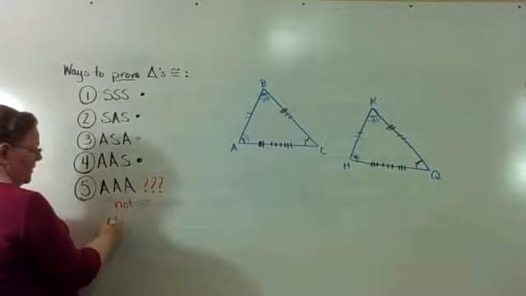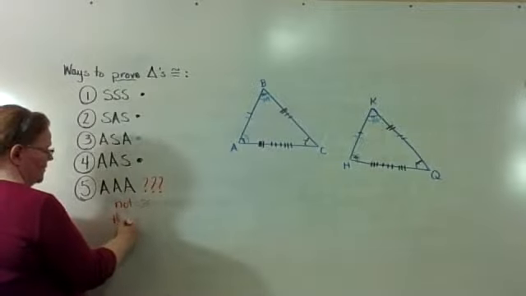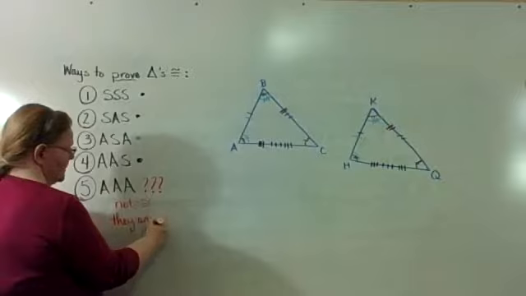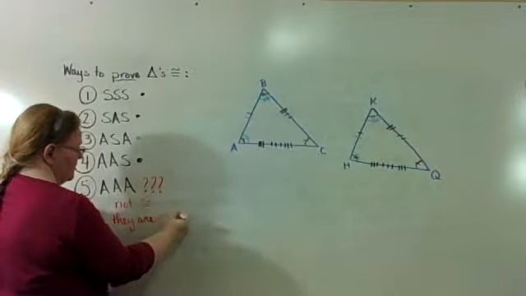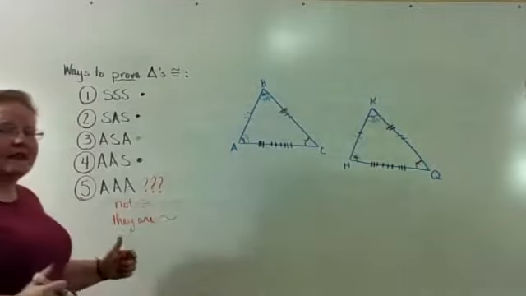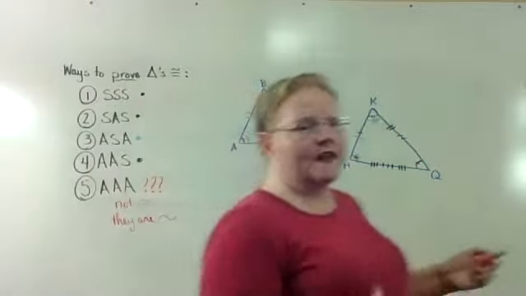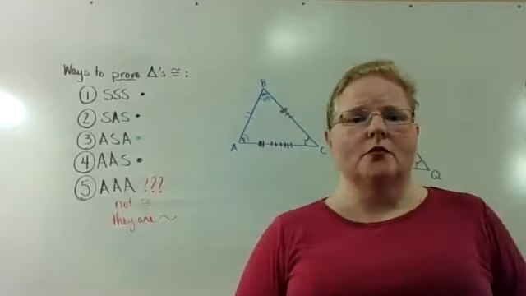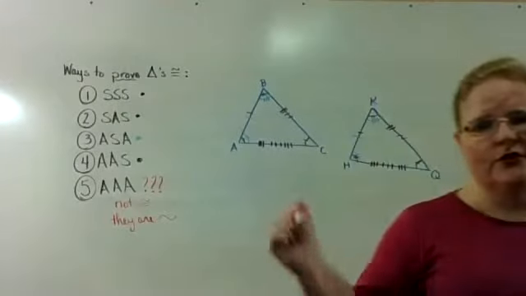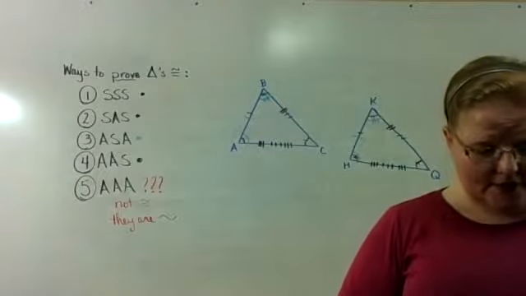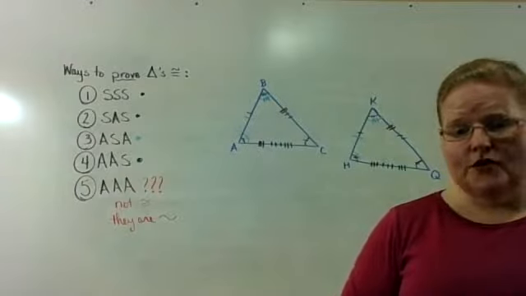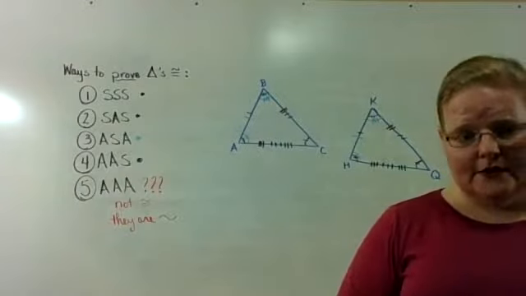What it does mean is that they are similar. So since they have all the same angles, that means that they have to be similar. It does not mean that they are congruent. Don't get caught up in that. I did when I was your age. I used that as one of my reasons and got marked down. I'm just saying it happens to the best of us.